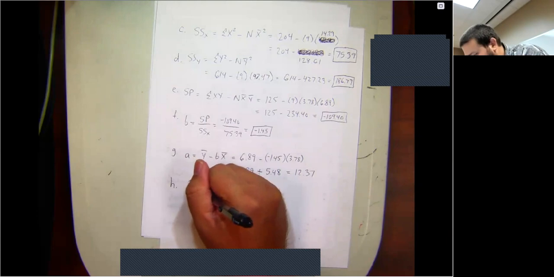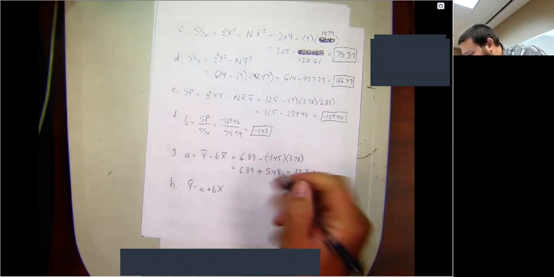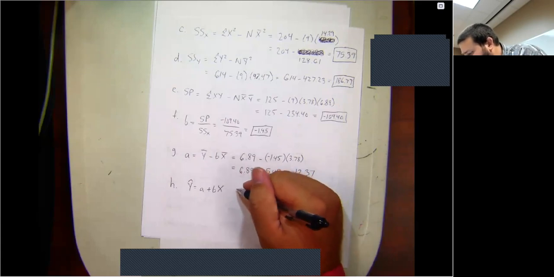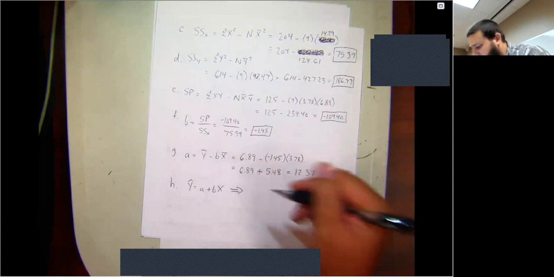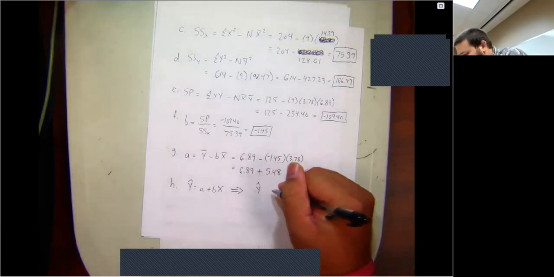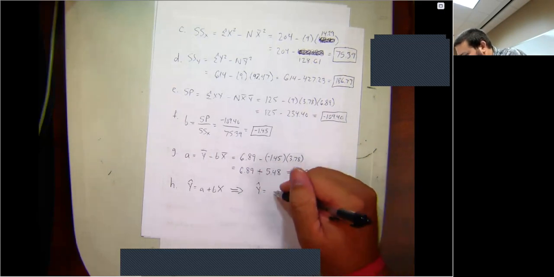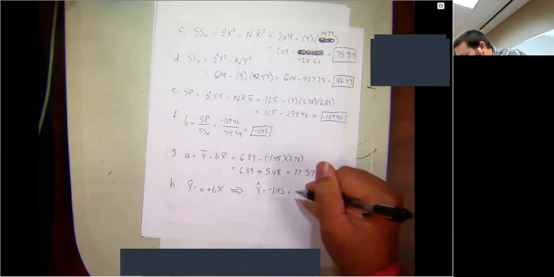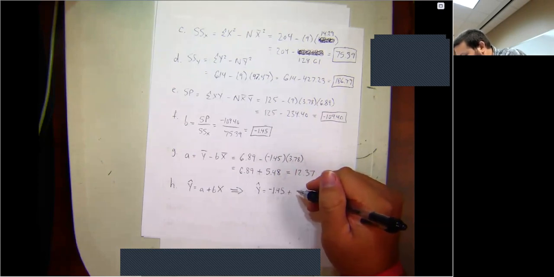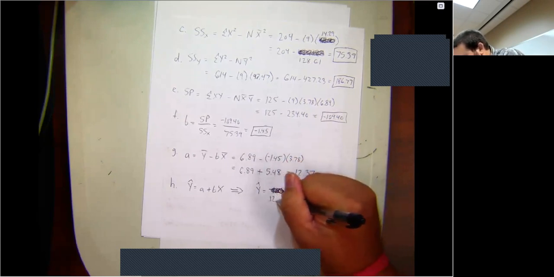So the formula is y hat is equal to a plus bx. We need to just plug in our values and state the regression equation. Y hat is equal to, I'm sorry, a was 12.37.